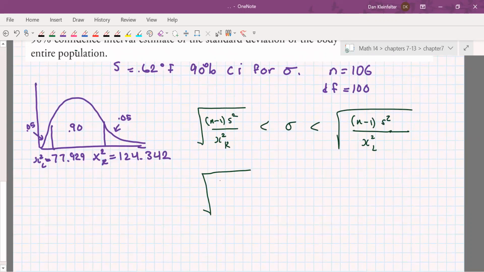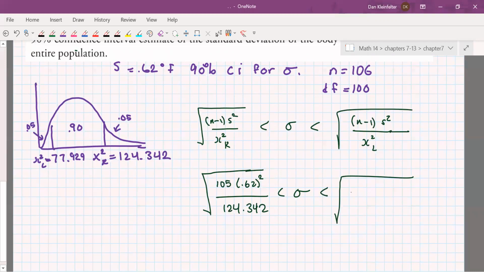So here, n minus 1, that's 105. Our s squared will be 0.62 squared. Chi-squared right is 124.342. And then for the upper end, the numerator is the same, 105 times 0.62 squared.